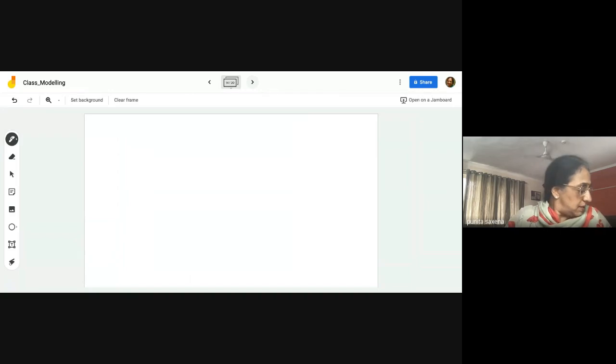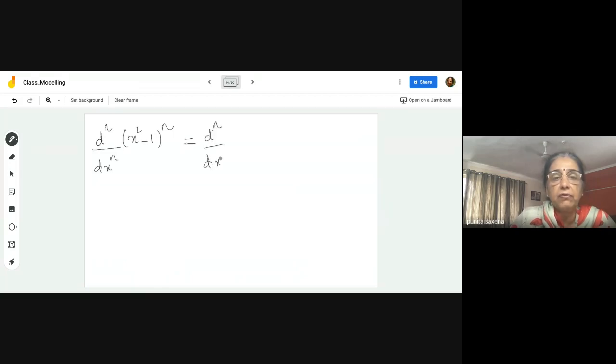That means if I have to take the nth derivative of (x square minus 1) to the power n, then that will be nothing but the nth derivative of this summation we just wrote, r from 0 to n, n factorial upon r factorial into n minus r factorial, x to the power 2n minus 2r.